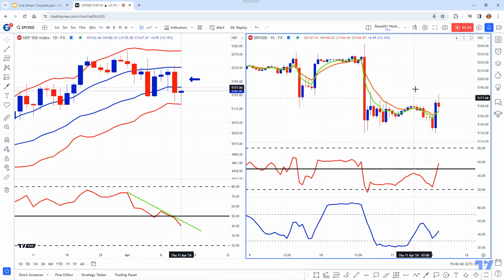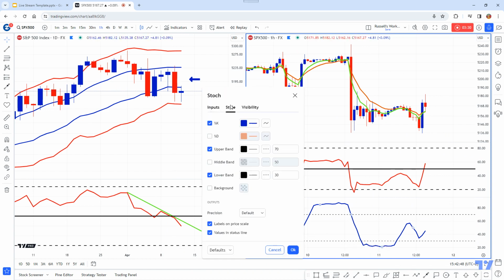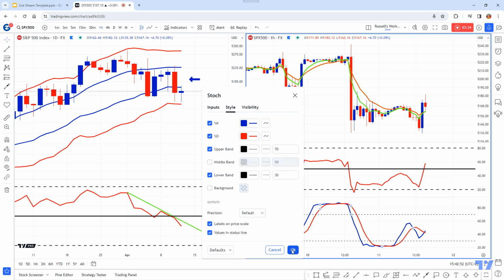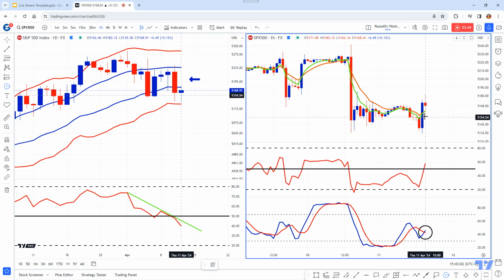Let's just take a look at the hourly chart. And what we'll do is just add in a %D here. Let's make it red. So the bottom indicator is the Bollinger Band. You can see the Bollinger Band is attempting to turn bullish. So that would be trigger 1. And the EMAs are attempting to cross positively.